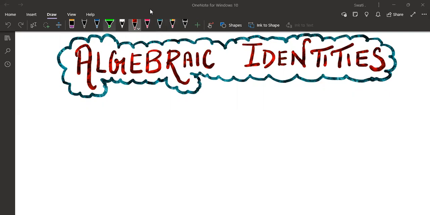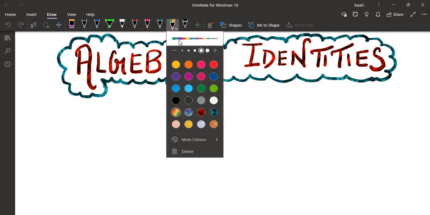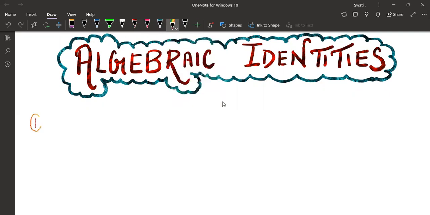The first algebraic identity is very famous. We all know this already, but still I'm going to write it down. It is x plus y whole square, which equals x square plus 2xy plus y square. This is very simple and very famous.